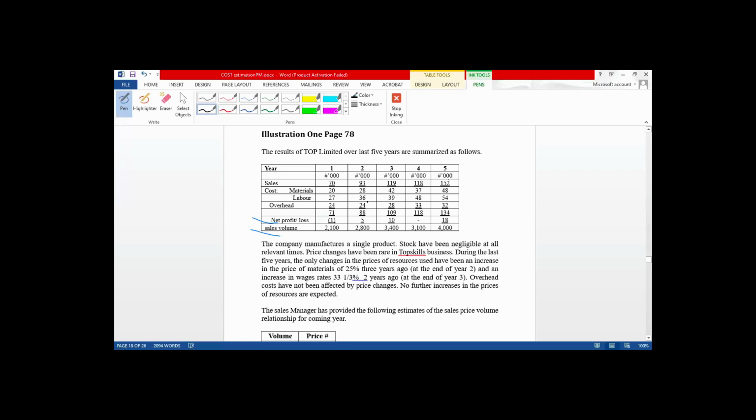After year 2, no more increase in material price. We only pick 42, 37, 48. The increase in material price stopped at the end of year 2. End of year 2 is 3 years ago. Is that explanation clear?